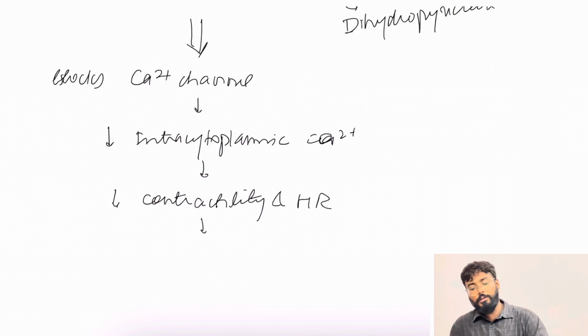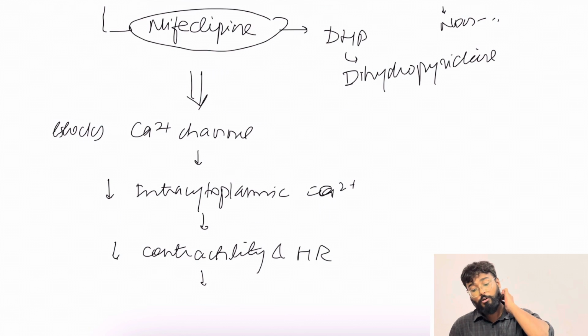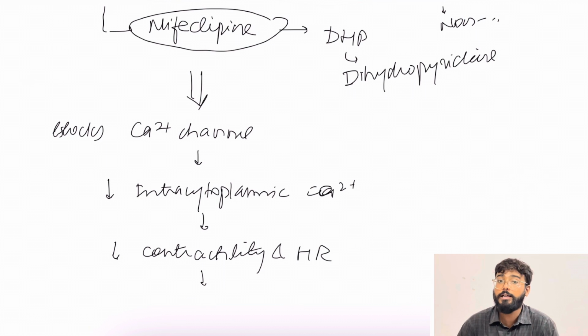So what are the conditions that you can think of where you need to decrease the contractility of heart and also the heart rate?